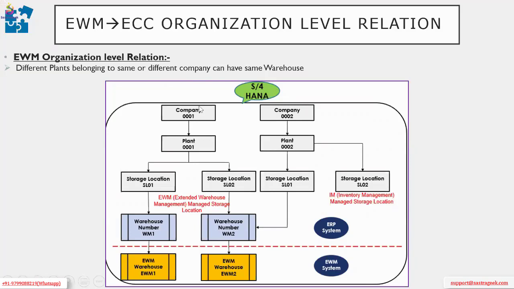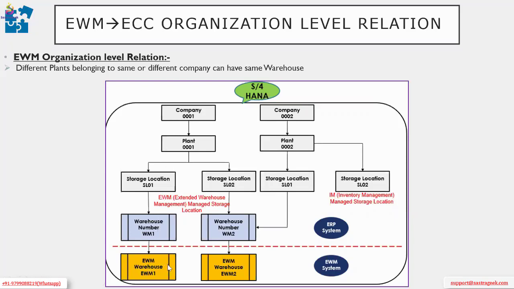So this is the hierarchy which we created yesterday: a company and a plant and two different storage locations and a warehouse number which is of the ERP one and the EWM, but we have not created the EWM warehouse yet. We will try to do this in today's session and then we will completely finish off this entire organization.